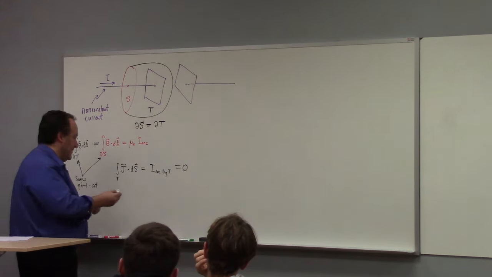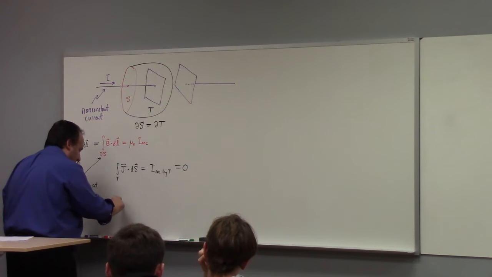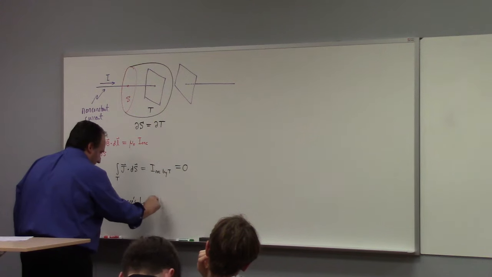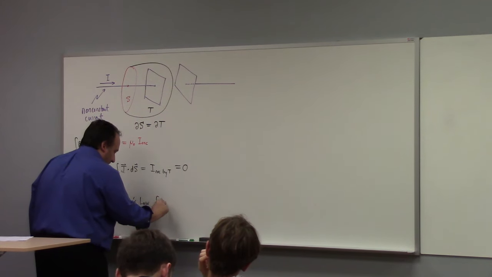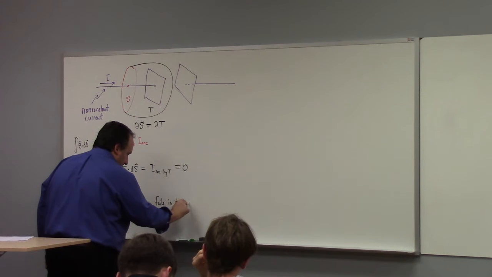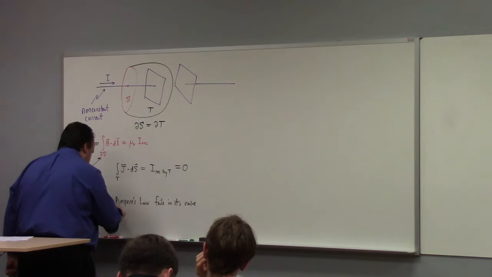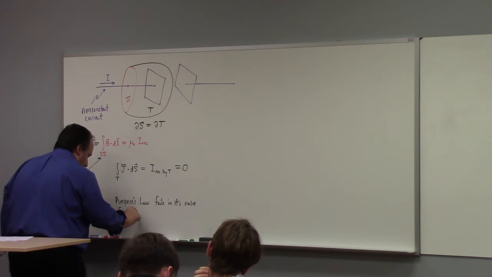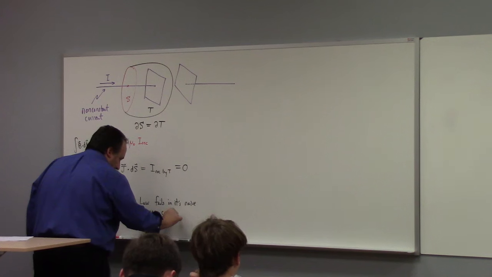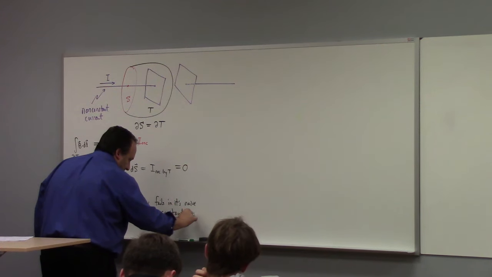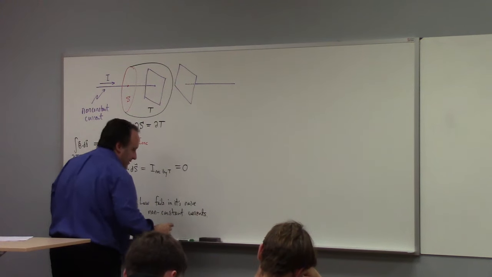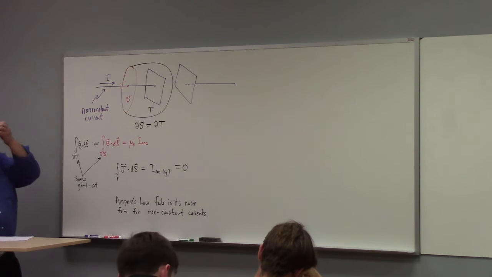The point of this thought experiment is that Ampere's law fails in its naive form for non-constant currents. Put another way, Ampere's law, as we've learned it already, is really only for the magnetostatic case, right?